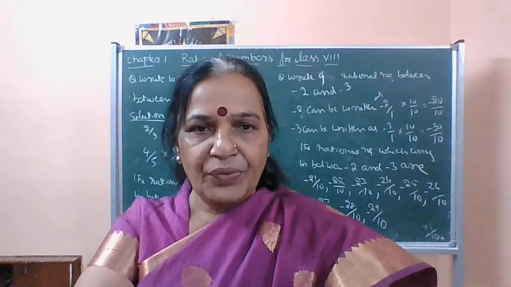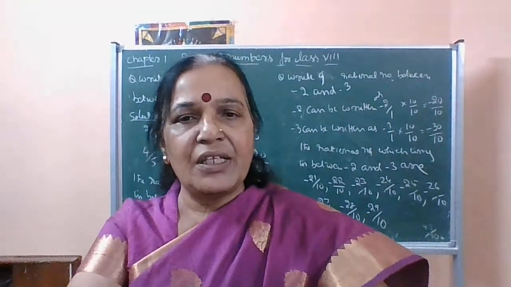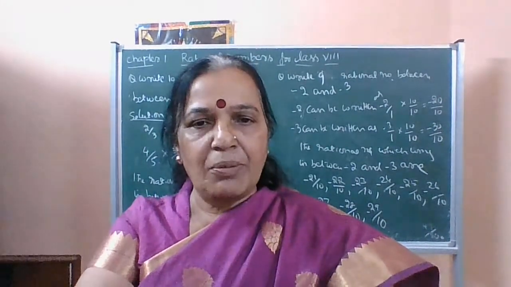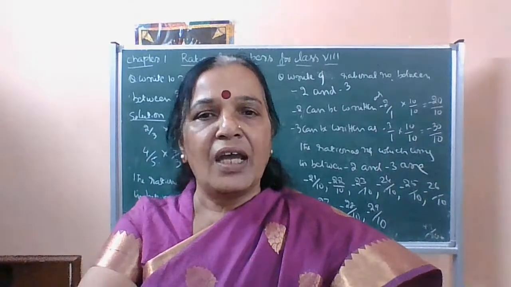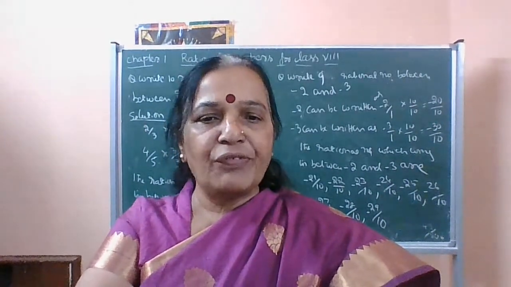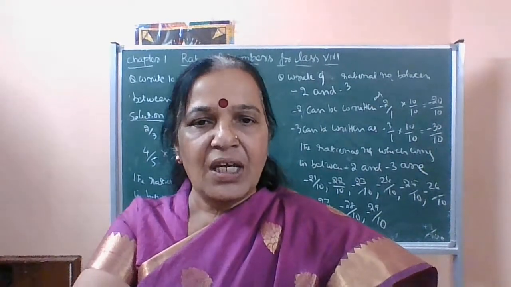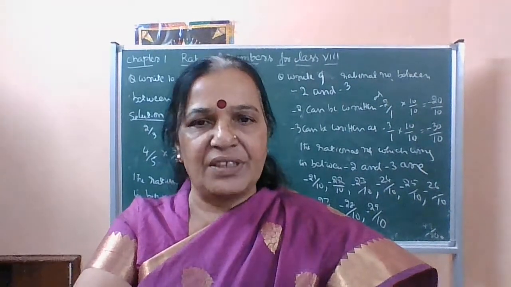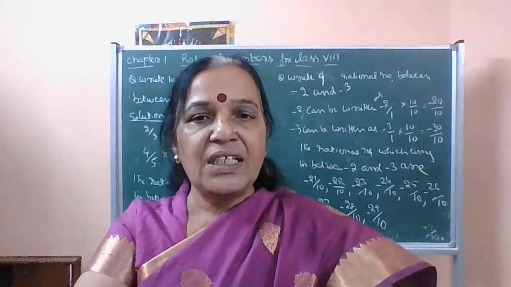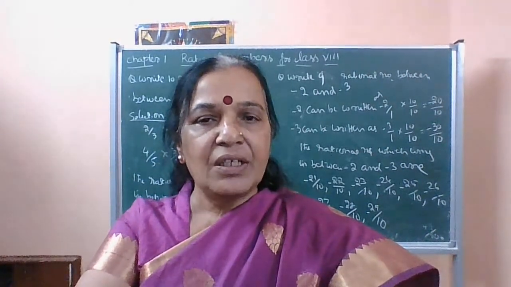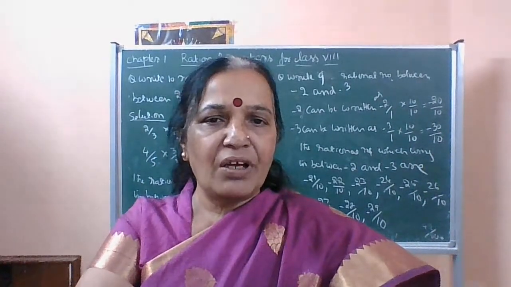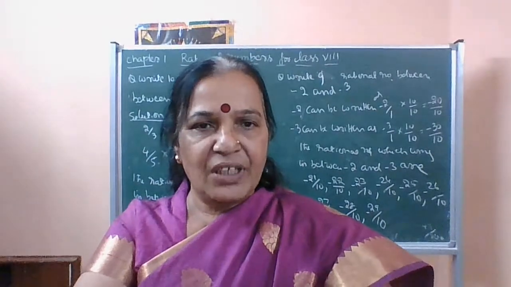In this video, you have learnt a rational number can be written in the form of P by Q, where P and Q are integers and Q not equal to 0. And all fractions are rational numbers, all integers are rational numbers. And then you can mark these rational numbers on the number line, and then you can find any number of rational numbers which come in between.